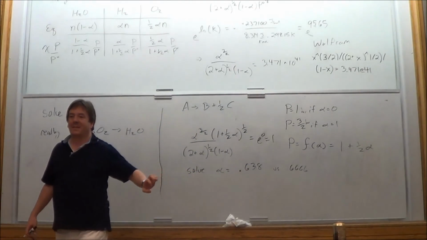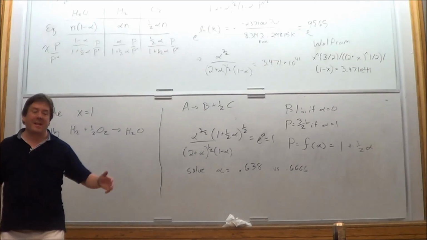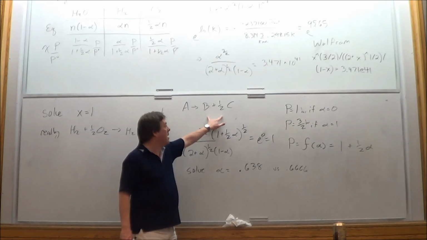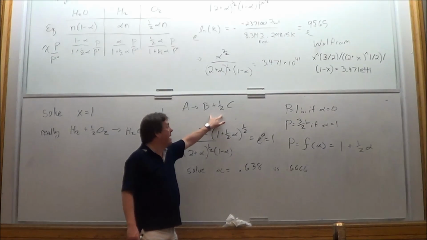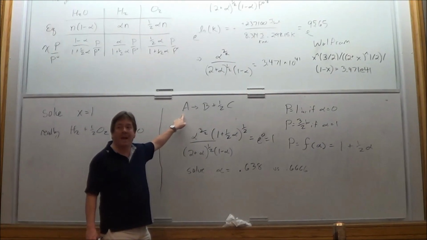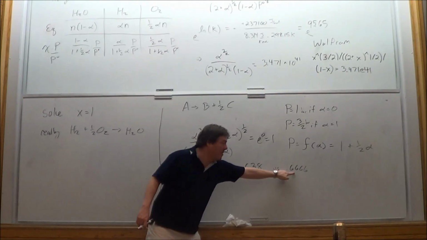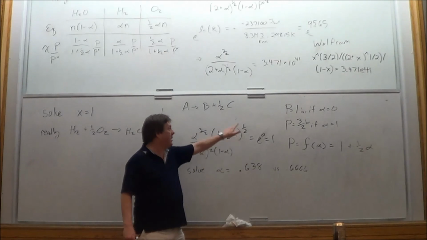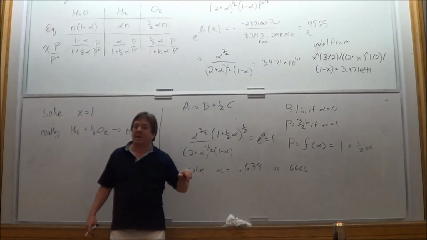Does that make sense? You've got to explain that, right? Because the pressure is the same thing as increasing the pressure. Well, pressure is a product. You add product, you're going to swing back towards reactants. That is smaller than that, and this is the extent of the reaction. The reaction did not go as far because the pressure drove it the wrong way. And so it all makes sense.